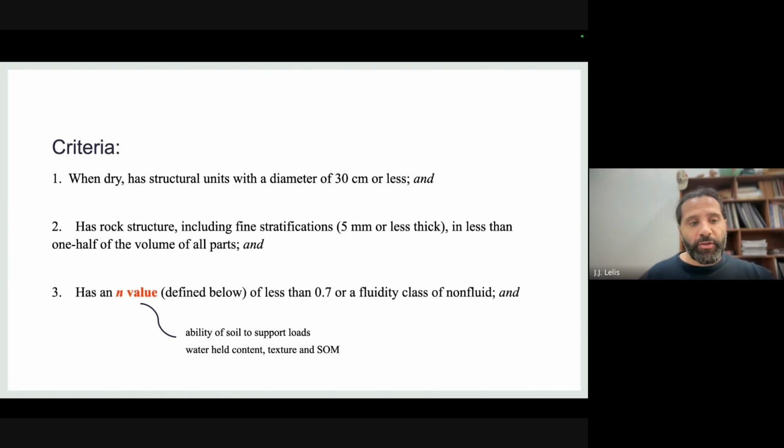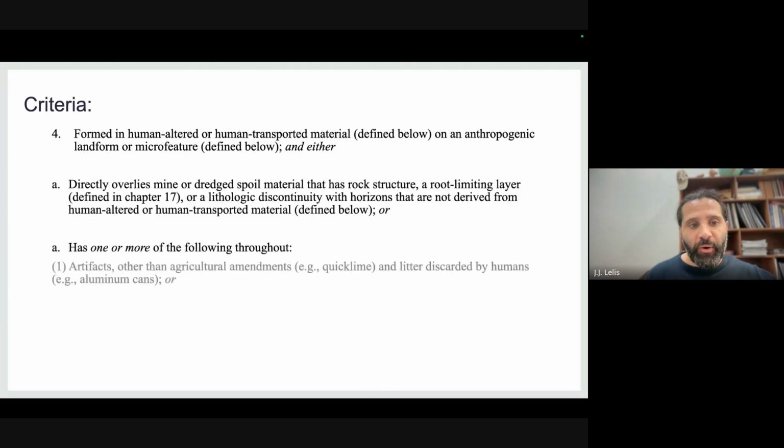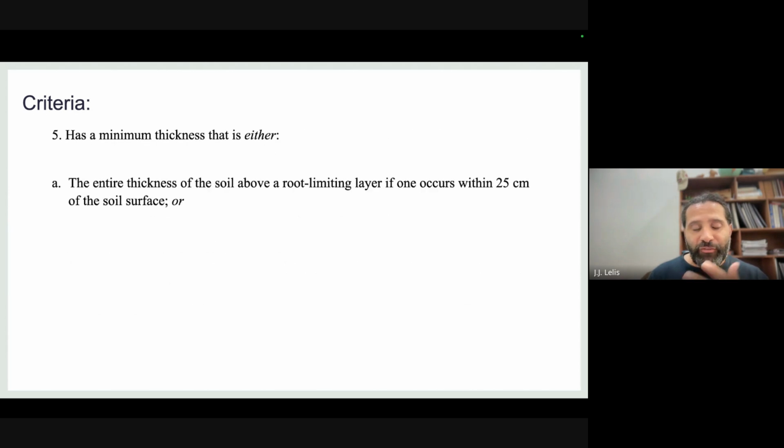So follow 1, 2, and 3, follow 4A, 4B with the artifacts, but the thickness of that specific layer or horizon is just 10 centimeters or 5 centimeters. Or I don't fit the criterion that the whole soil is just one horizon with the same properties that I mentioned until I find a root limiting layer.